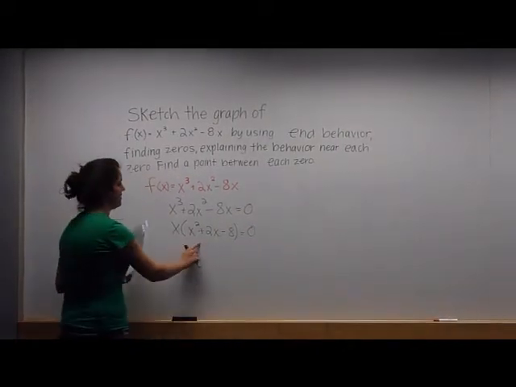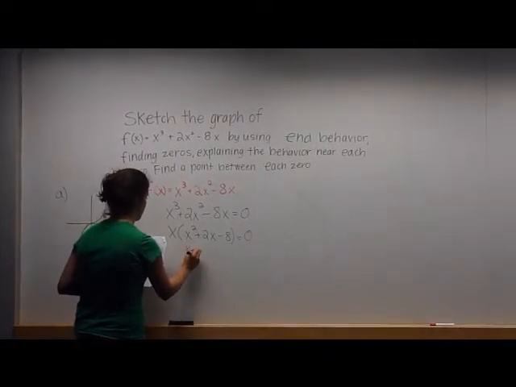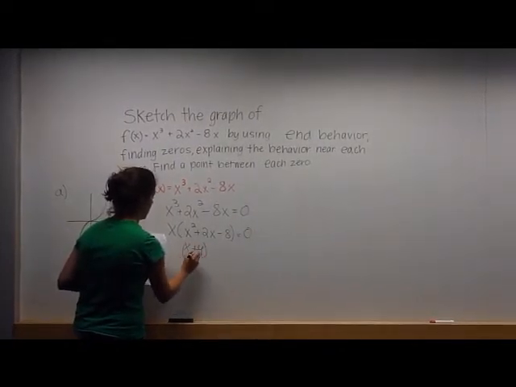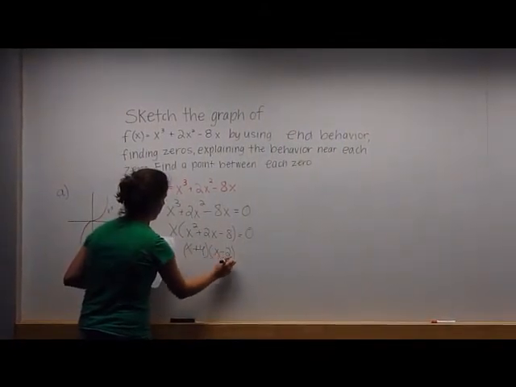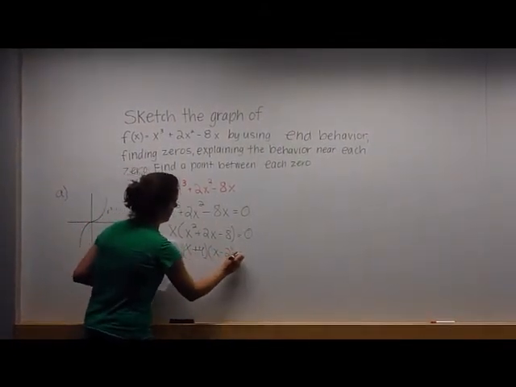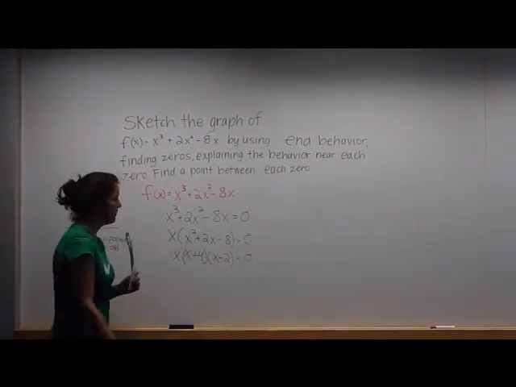And then we can factor this even further into x times x plus 4 times x minus 2 equals 0. Then we will set each term to 0.